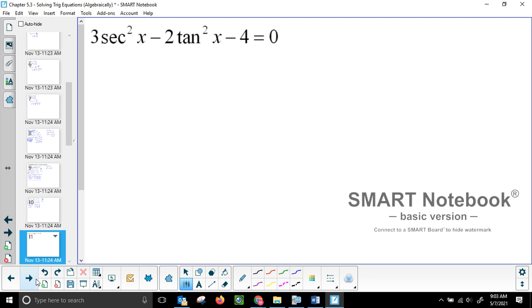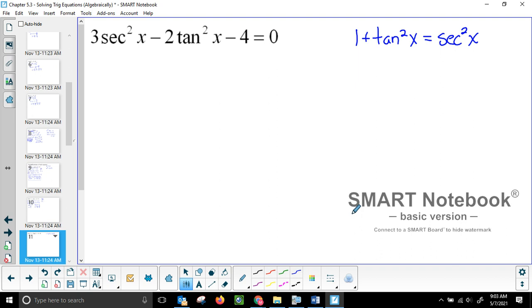Okay. All right, so here we have two different trig functions. We don't like that, right? We want them to be the same. Now, we do have an identity that says 1 plus tan squared x is equal to secant squared x.